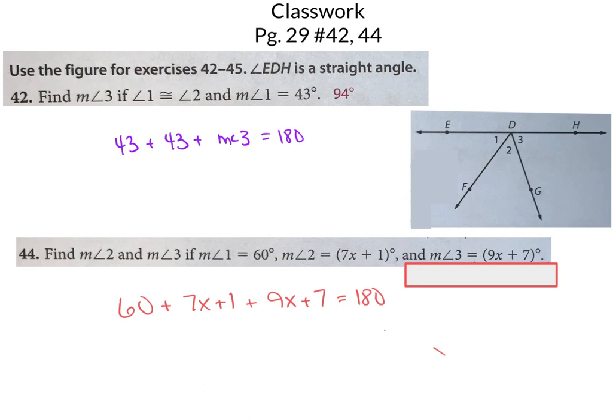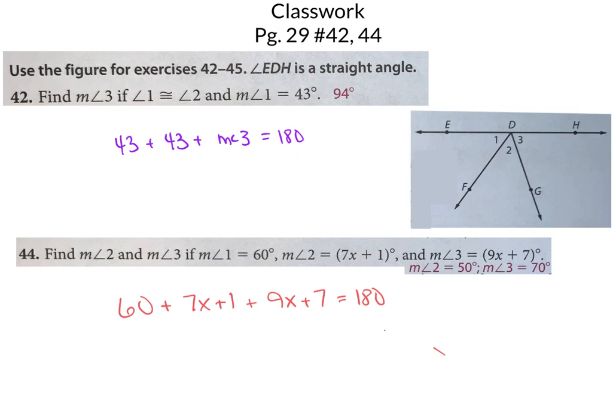The first thing you should have done is solve for x, and then they wanted angle 2. So then you would have plugged that into 7x plus 1 and into 9x plus 7. Your x should have equaled 7 when it's all said and done. Plug it in. You would have gotten 50 for 2 and 70 for 3.